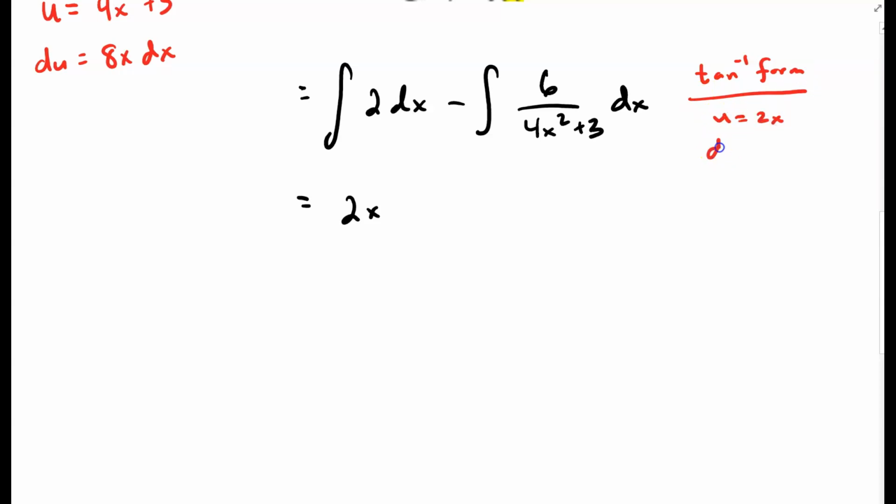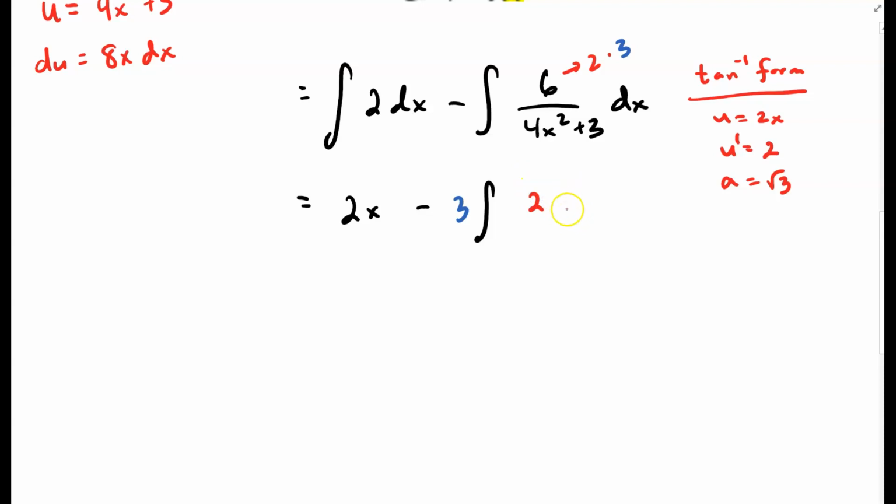I have the derivative of that is 2, du, or u prime. I've been calling it u prime, same thing. And then our a value is square root of 3. Okay, so notice I have a 6, so that accounts for the 2, and then I have a leftover 3.